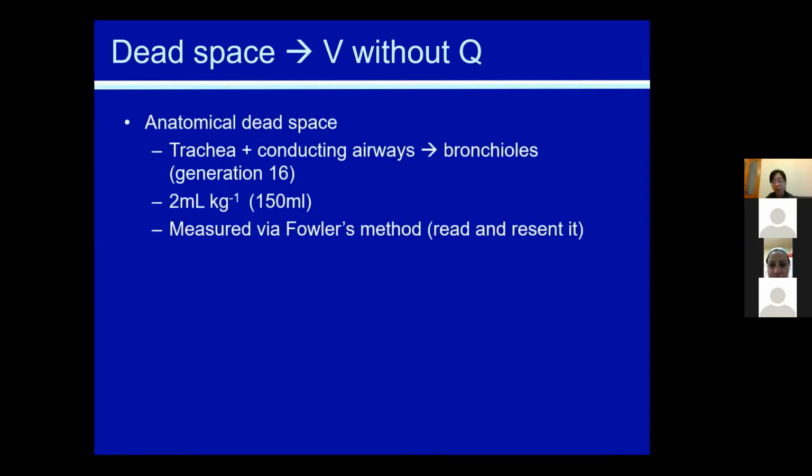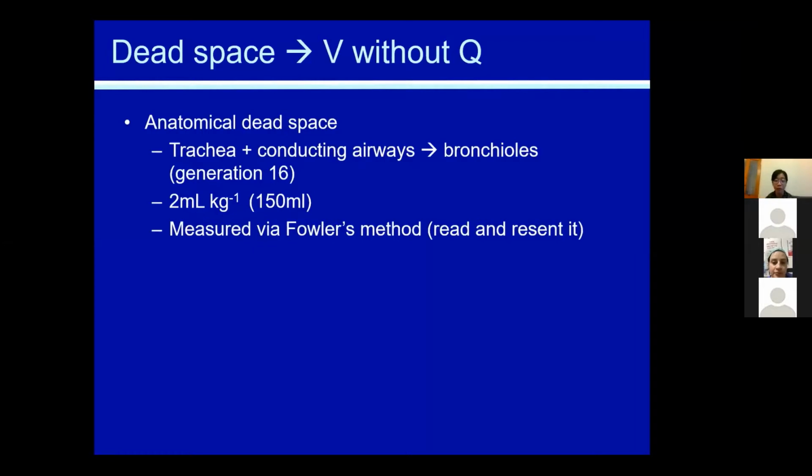Anyway, anatomical dead space is areas of the lungs that are just not designed for gas to come into contact with blood. So this starts at your upper airway, it includes your trachea, includes all your conducting airways all the way down to the level of the bronchioles. At the level of the bronchioles, you start having alveolar outpockets, and that's where you start having actual gas exchange.